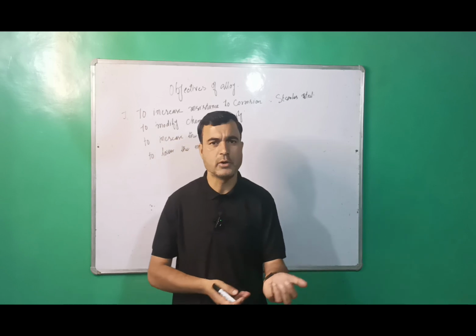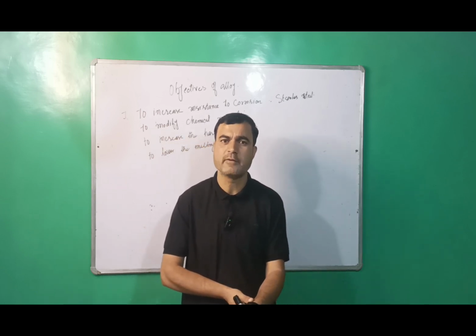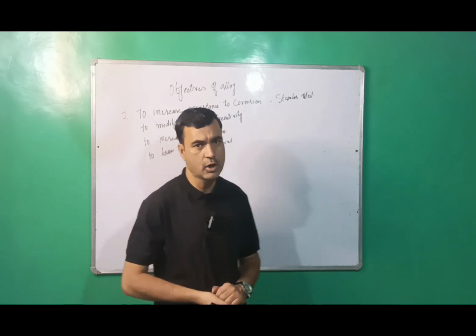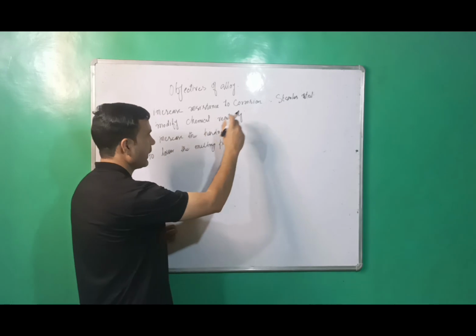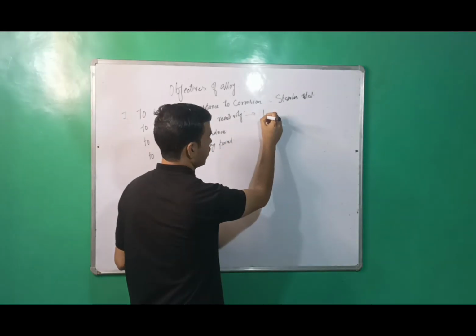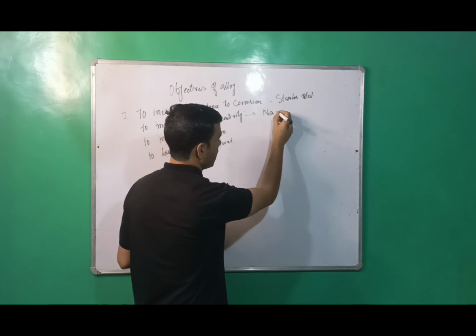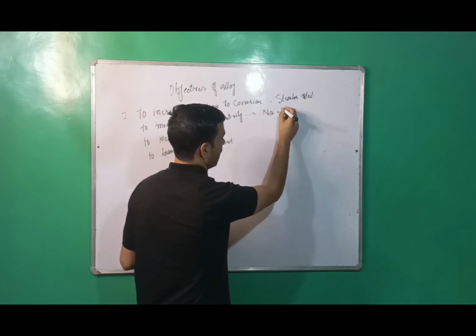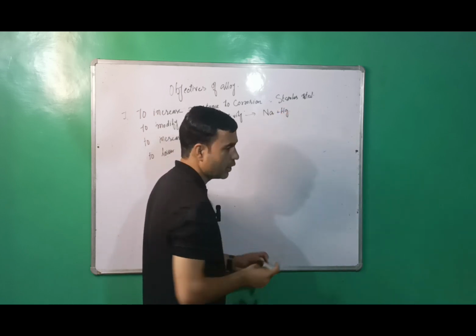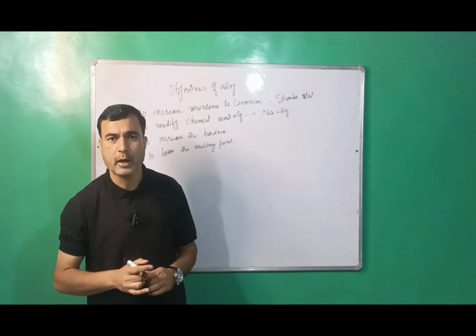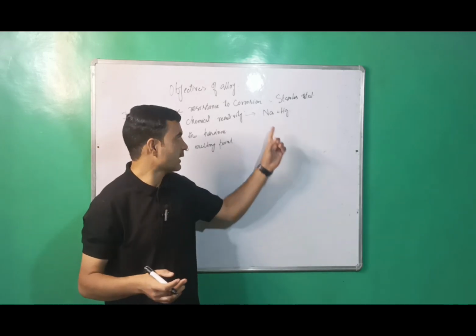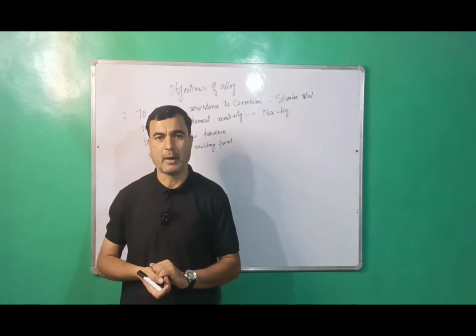That is why you know that sodium is always kept in kerosene oil. If we make an alloy of sodium by adding mercury, it makes sodium amalgam.